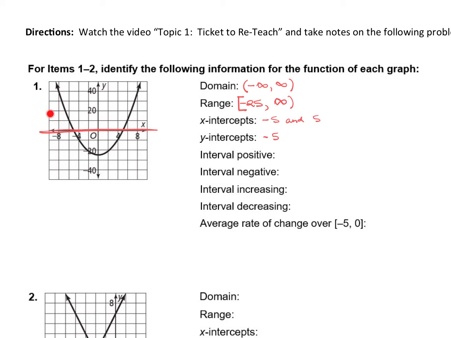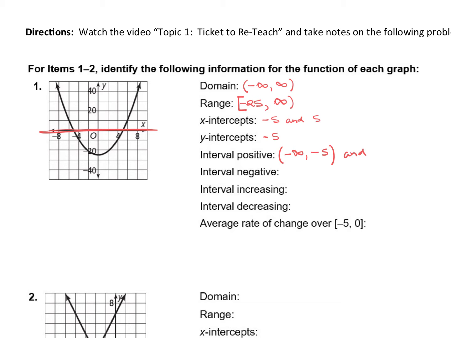If this continues forever out, our smallest value is negative infinity. And it's going to go all the way to this x value, so from negative infinity all the way to negative 5, that's where our graph is positive, above the x-axis. Parenthesis on the negative infinity, and that negative 5 is the point where it switches between positive and negative, so we are going to have a parenthesis there.